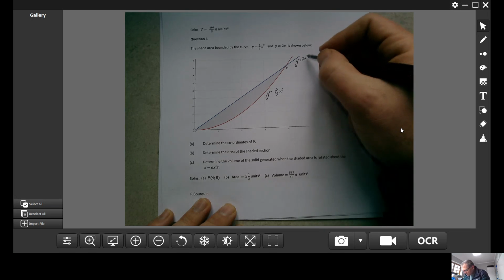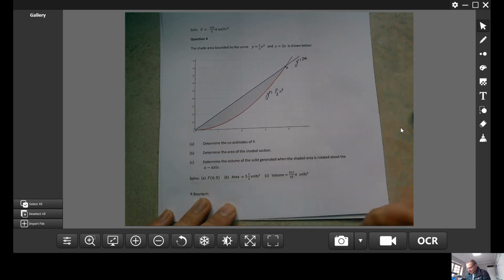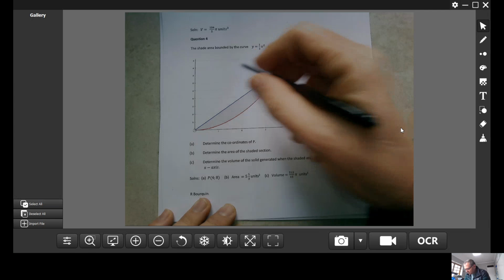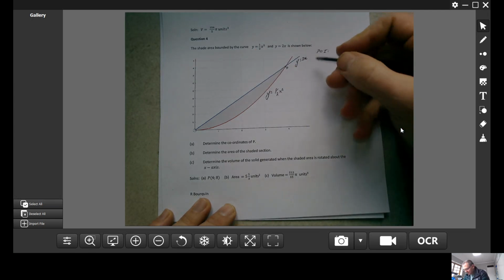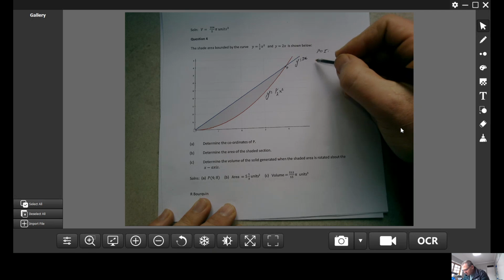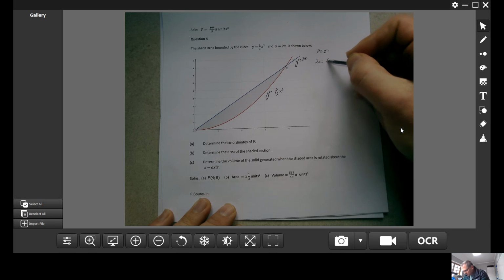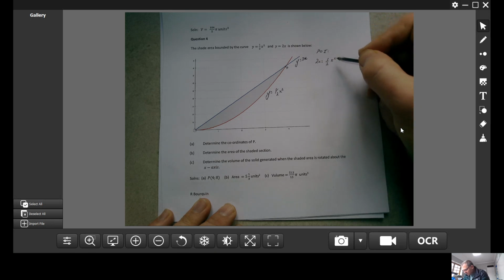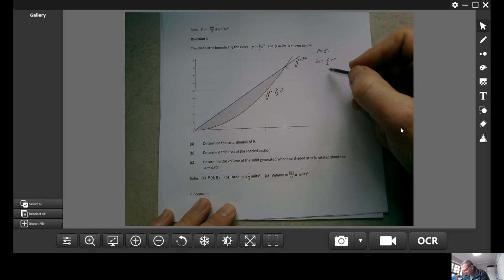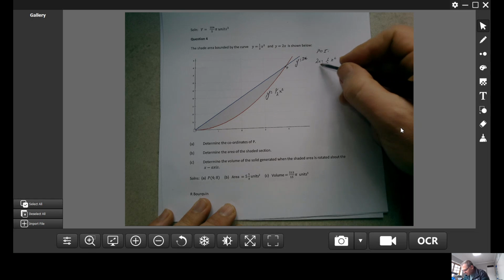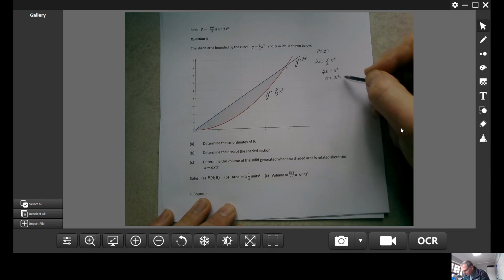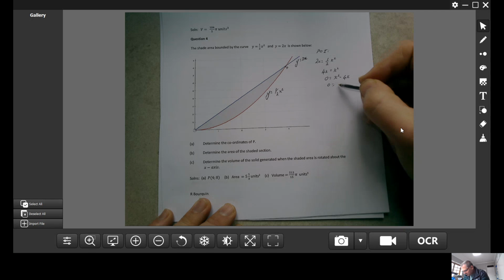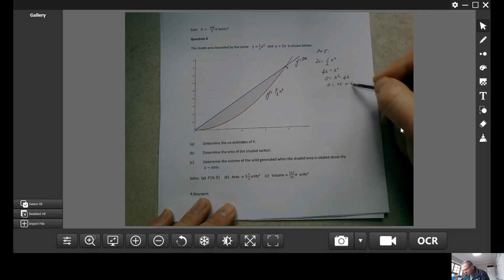Well, assuming we don't have axes here, it looks like we should get an answer of about 4, 8, but let's check. Your point of intersection is going to happen when 2x is equal to a half x squared. 2 divided by a half is 4, so when 4x is equal to x squared, so when 0 is equal to x squared minus 4x, which gives you 0 is equal to x times (x minus 4).